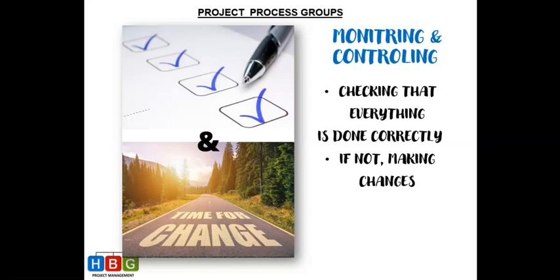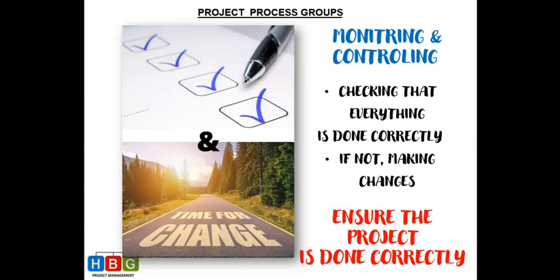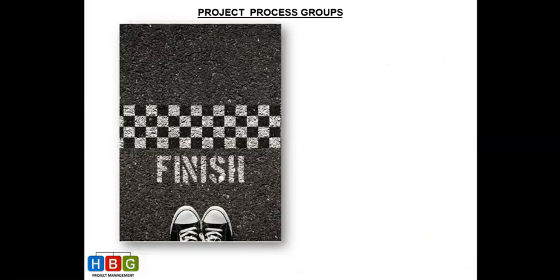And if not, we need to make changes. So what's the major outcome of this process? It is to ensure that the project is done correctly, according to the plan that we have and according to the requirements of our stakeholders and clients.